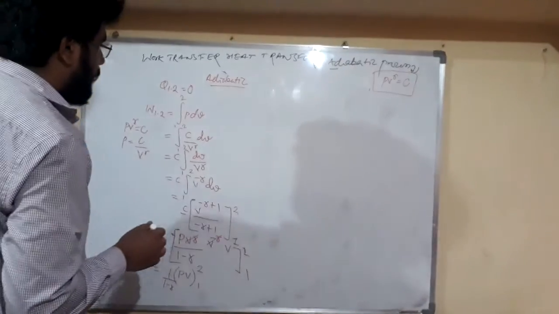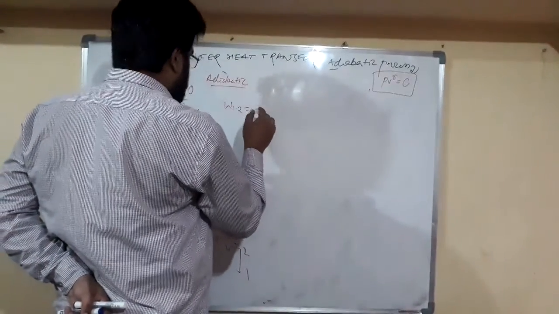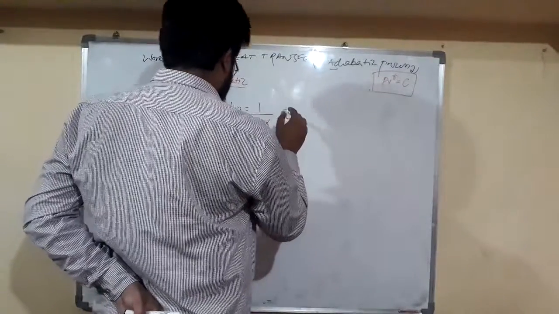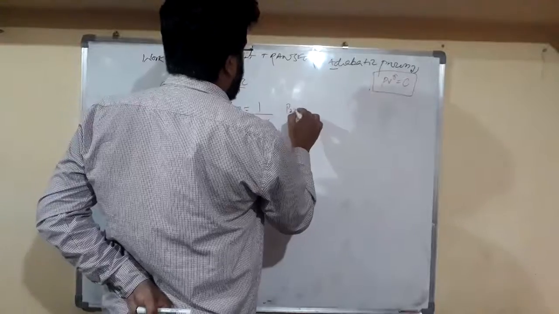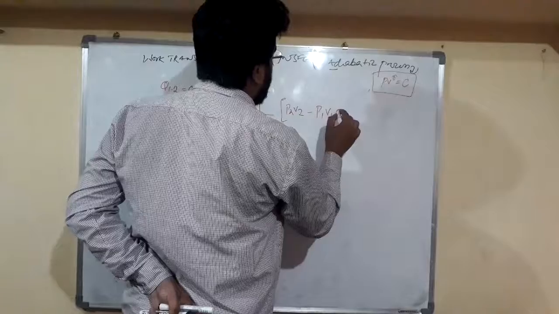So friends, from here we will get work done from 1 to 2 is equal to 1 upon 1 minus gamma times (P2 V2 minus P1 V1).